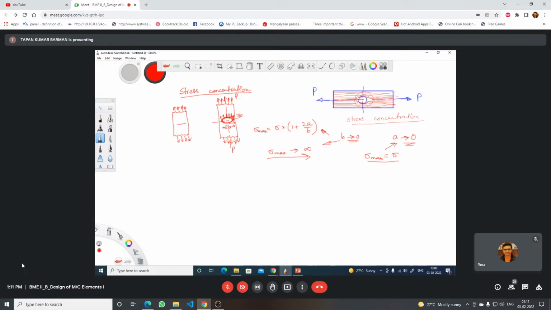You understand? Locally, the material will undergo fracture because we have the fracture stress. If the stress is greater than that, then locally the material will fracture and that crack will propagate, and at the end there will be separation of the whole component.